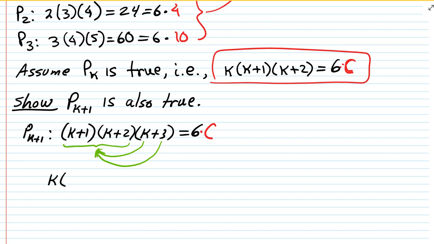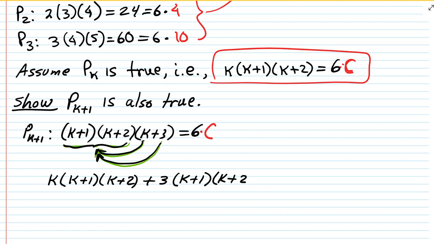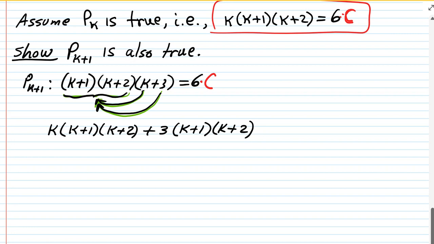It's going to be k times k plus 1 times k plus 2. That's this distribution to both factors, right? And then plus 3 times k plus 1, k plus 2. See that? So I just simply multiplied the binomial k plus 3 times those two factors.